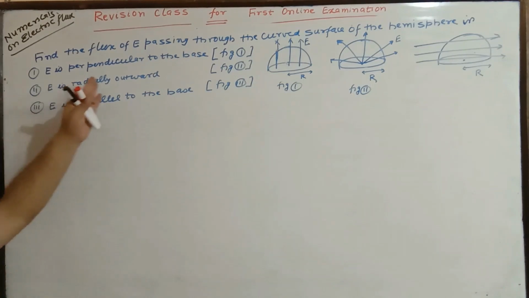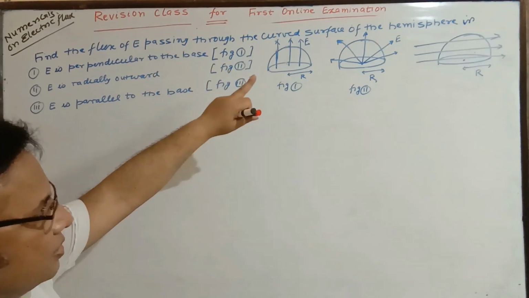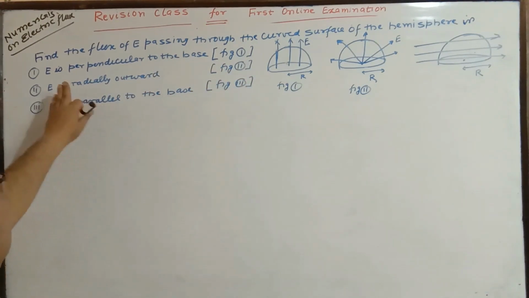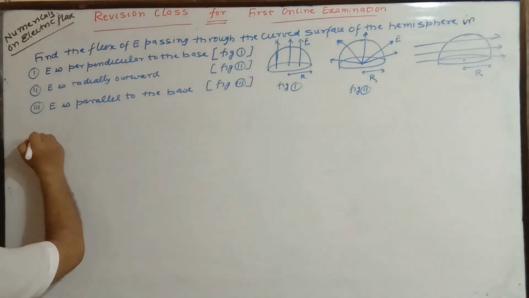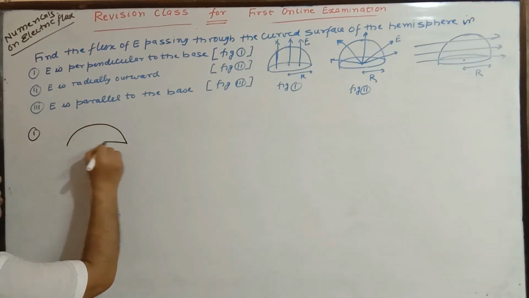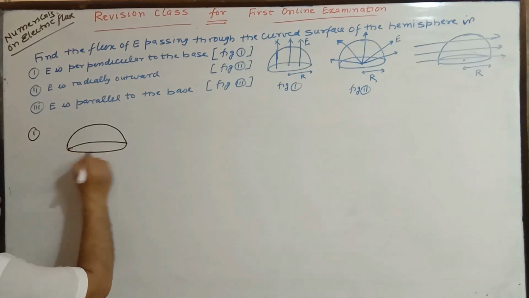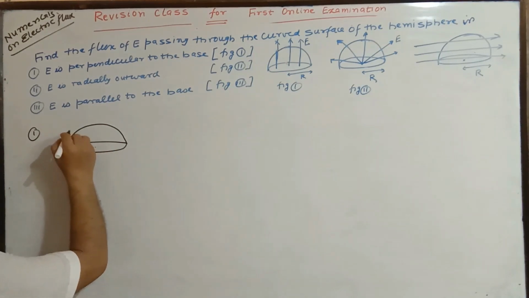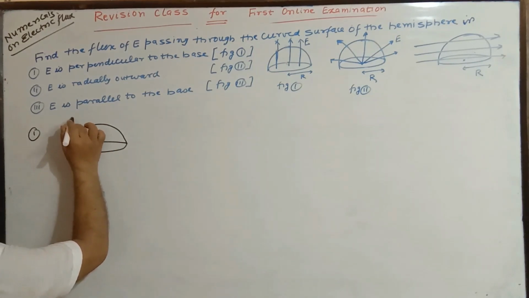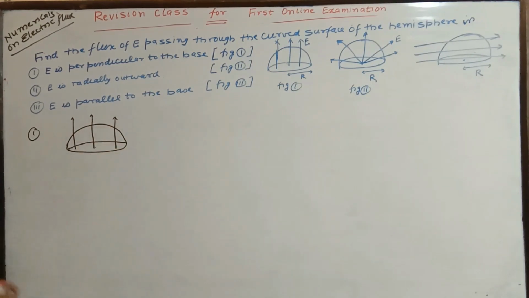Here, find the flux of the electric field passing through the curved surface of the hemisphere. In the first case, E is perpendicular to the base, so it is somewhat like this. What you see here is that there is no charge enclosed in it.